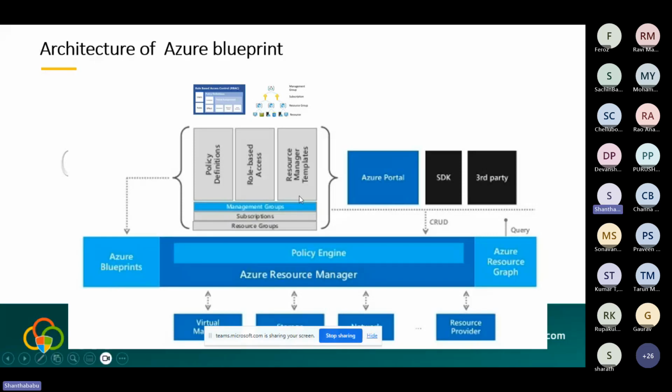Once it's done, my role-based access and the resource things all come together here, so development activity can very easily start, and everything resides in this blueprint, so we can work together easily as a packed one. That's a very important thing, but the rest is going to be the same, like Azure portal, SDK, and so on, so we can implement this architecture that way.